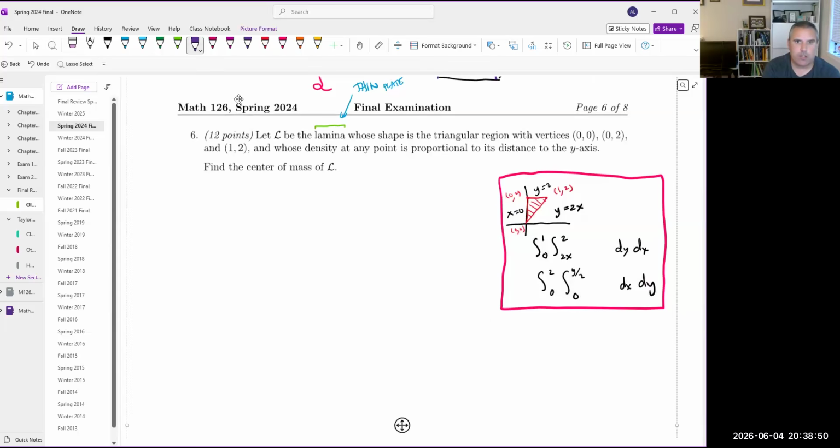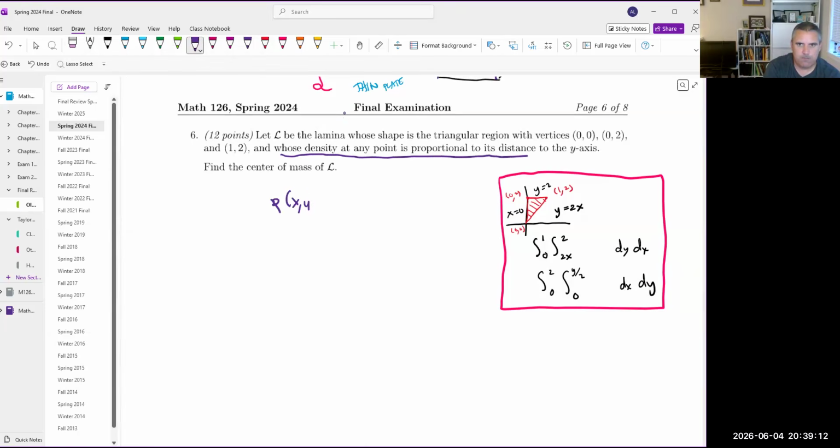Okay. So now to the question. Whose density, I have a little opinion here based off of this quarter that if we ask such a question like this, I would prefer if we gave the density function because I don't want that wording to throw someone off, but it's not a big deal. So let's say this.